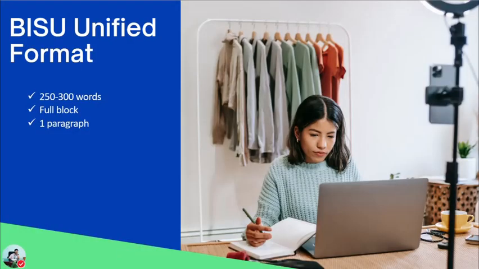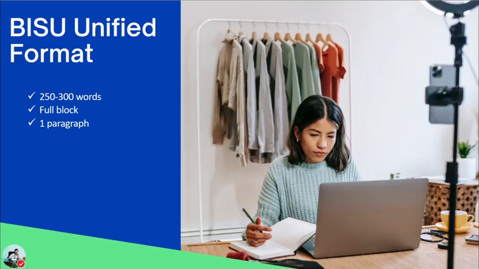You also need to remember there is no Doctor, Miss, and others in the abstract, but it depends on the manual of the research because of the standardization. But for BISO, yes, we should not add Doctor or Miss in the abstract.